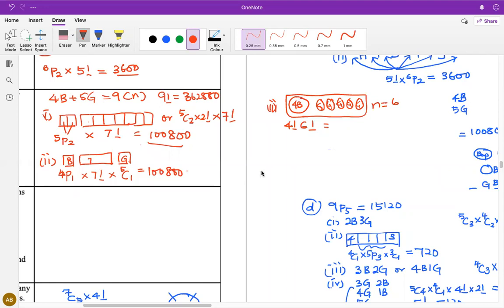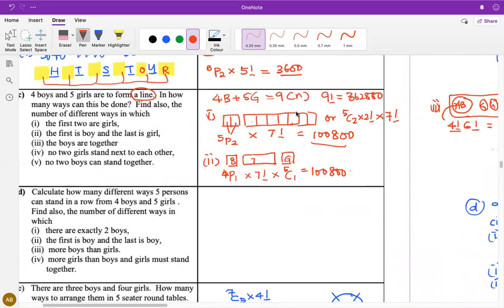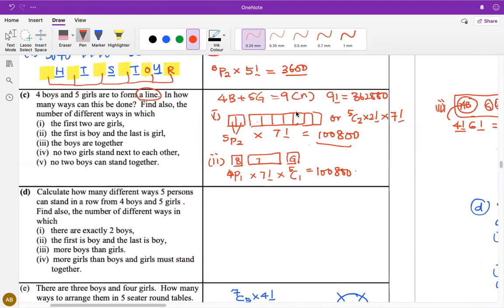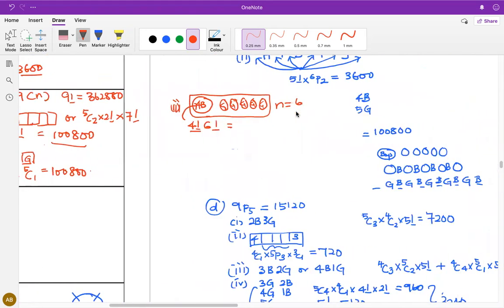And 4 factorial means the arrangement inside the 4 boys. So it can be 4, 3, 2, 1. The first place there are 4 persons who can fill in, and then 3, 2, 1 like that. So the answer is 4 factorial times 6 factorial. That's 17280.